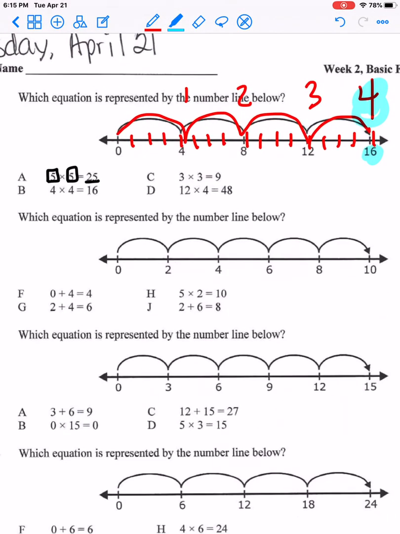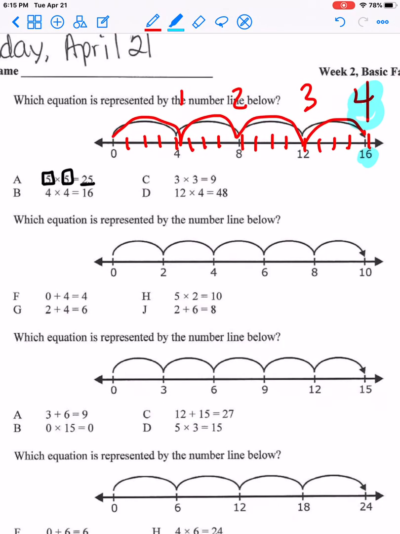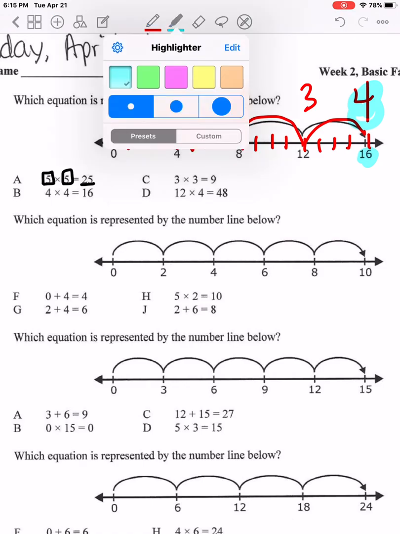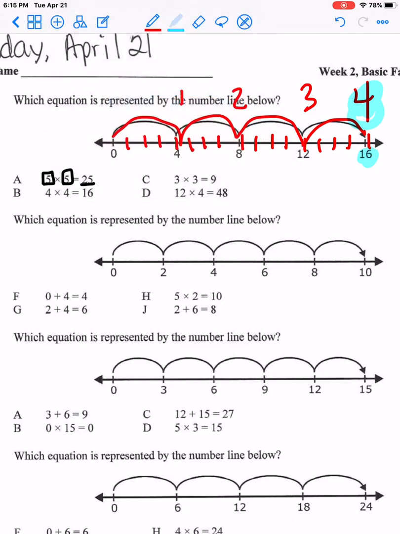So let me look at answer choice A. My numbers are 5 times 5 equals 25. Well, if I go based on the product right here, number 16, I already see that letter B has a 16, right? So I am going to check all of the other ones just to make sure. 5 times 5 equals 25.